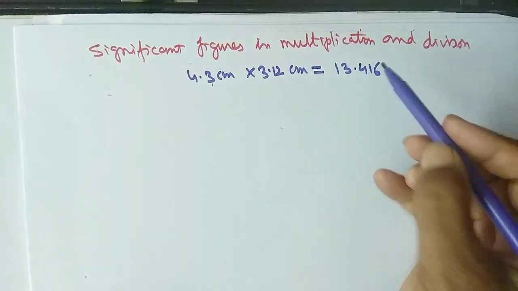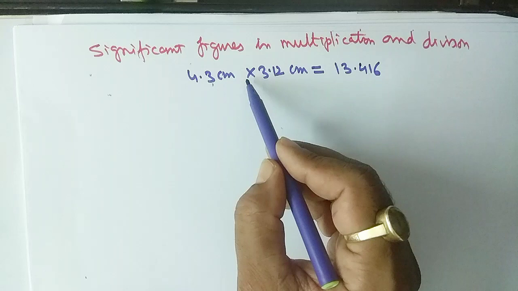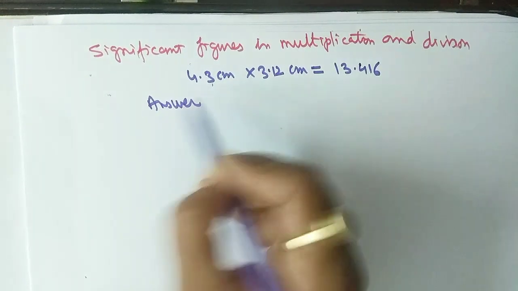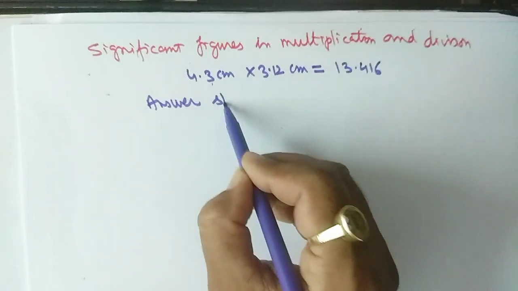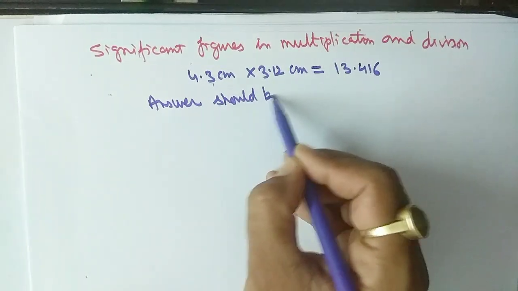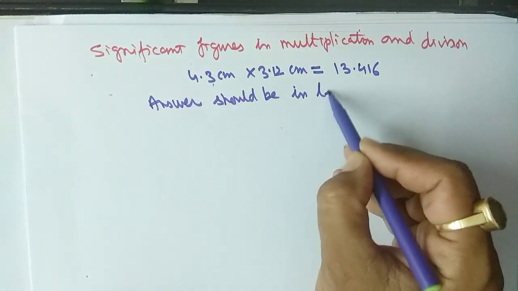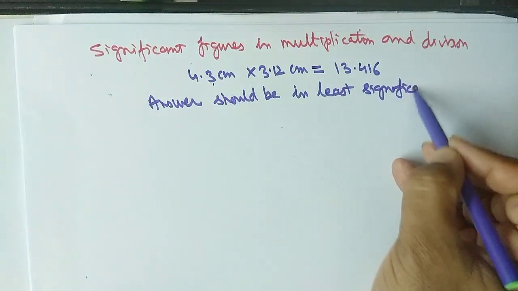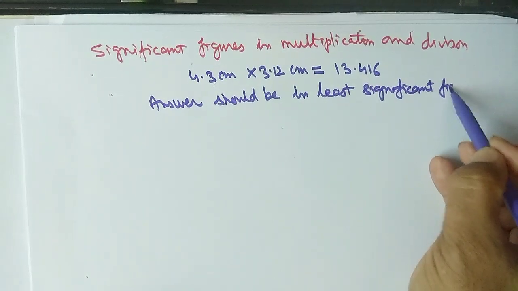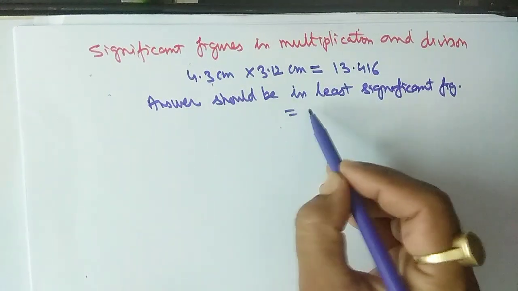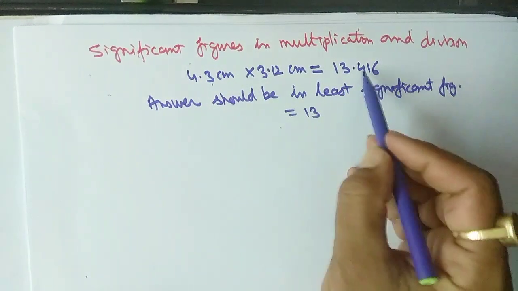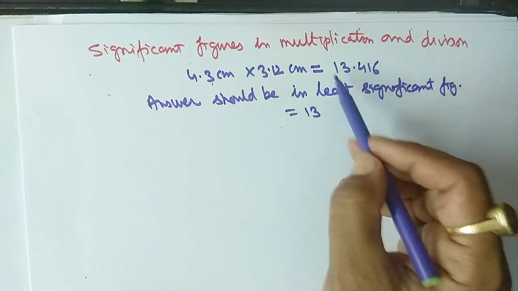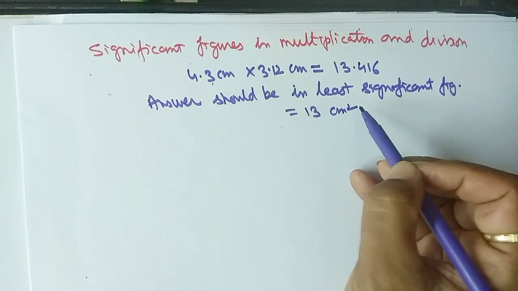So you will write the answer in least significant figure, that is 13. Okay, if you round off, you will write only 13 centimeter square.